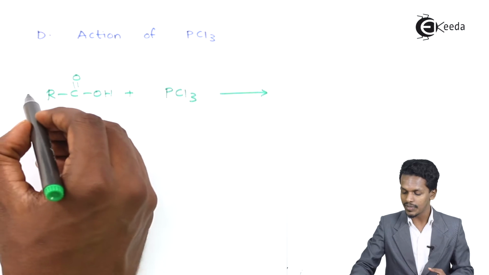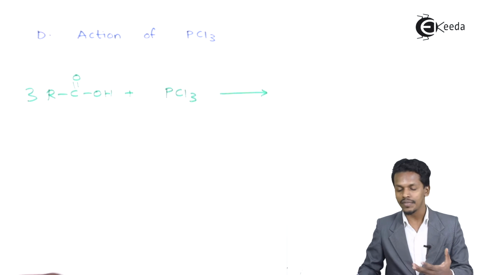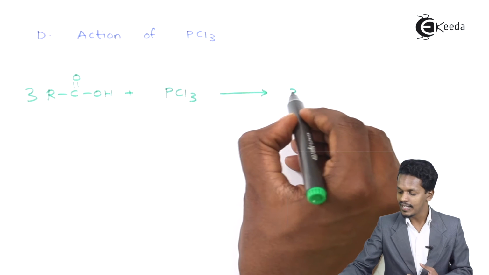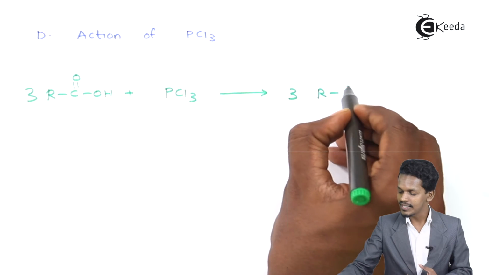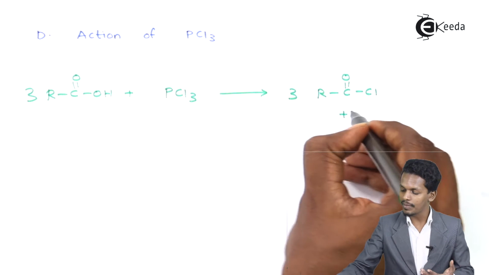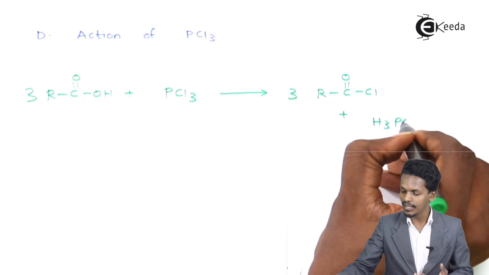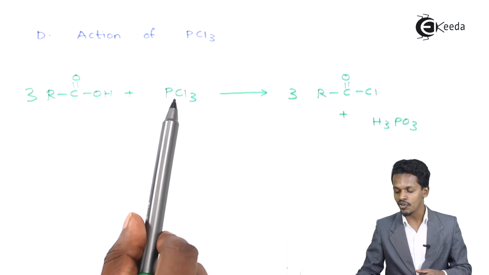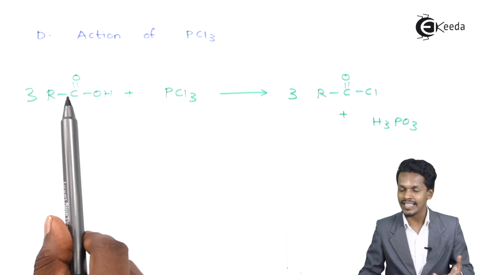That's the reason we are representing 3 moles of carboxylic acid. It will react with PCl3 so as to produce 3 moles of RC double bond OCl, that is nothing but acyl chloride. Along with that there will be evolution of H3PO3. So this is how the reaction proceeds, and this is the reaction of PCl3 with the carboxylic acid.